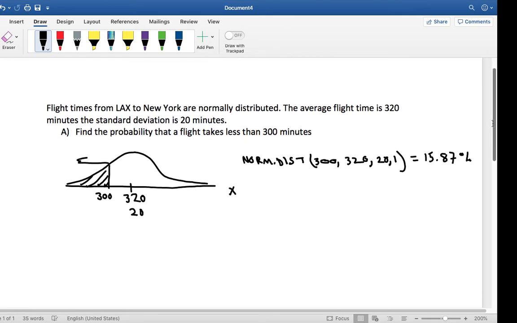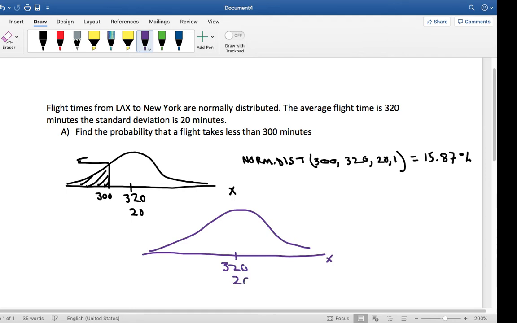So now let me ask you this. If I tell you there is a time such that, and I'll draw it out for you as well, there's a time for this question as well. So normal distribution, the mean is 320 and the standard deviation is 20.